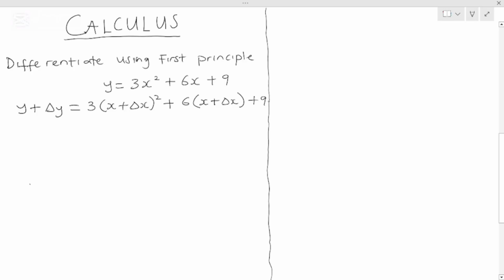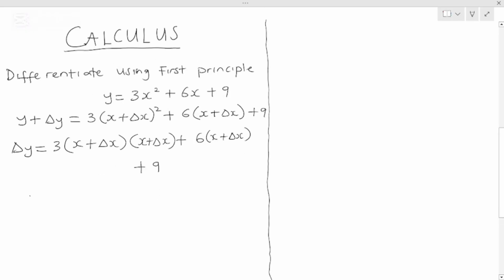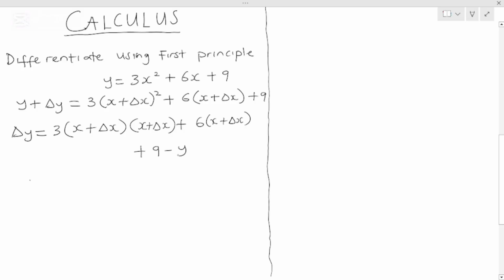Alright, so we simplify. Taking y to the other side, we have change in y is equal to 3 into (x plus change in x) times (x plus change in x), because of the square, plus 6 (x plus change in x) plus 9 minus y.